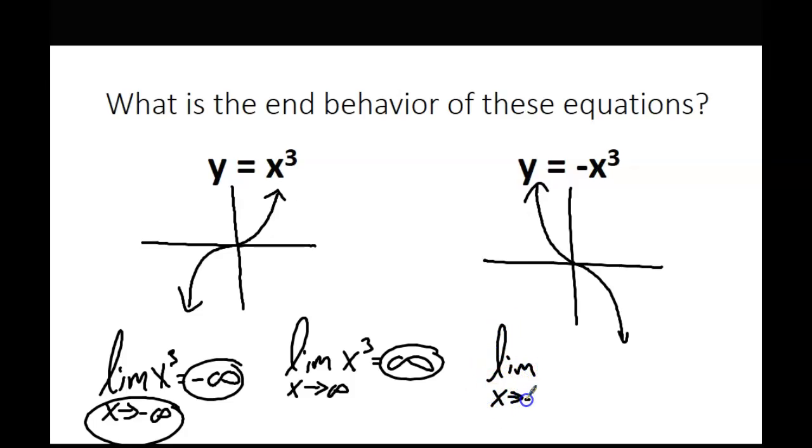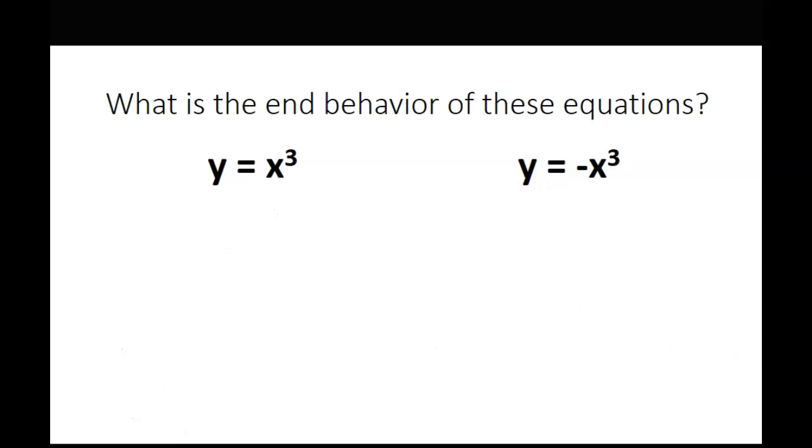As x approaches negative infinity, the y value goes up. And as the function approaches positive infinity, the function goes down. So here's the big takeaway I want you guys to have from this one.